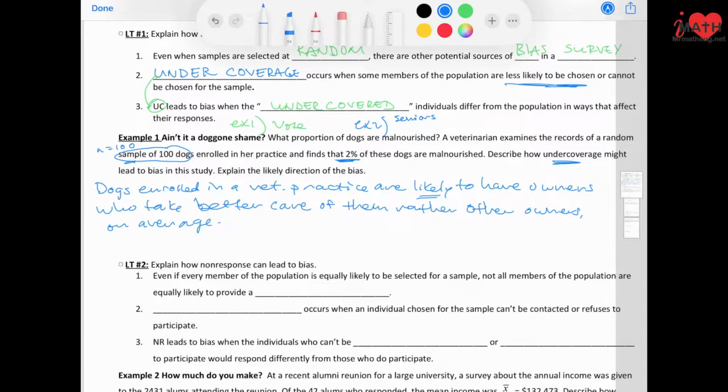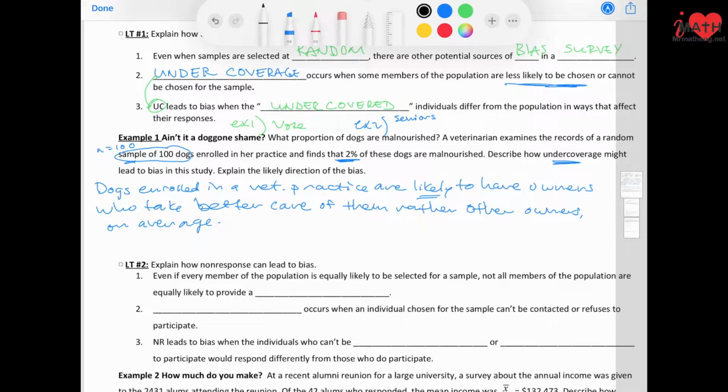If I'm going to pay that hospital bill and I have a doctor, an animal doctor, a veterinarian, right there, most likely those dogs are going to be taken care of. But if I'm like, I don't want to pay the extra money for my dog, you're probably less caring about that dog, and most likely they'll probably be malnourished.